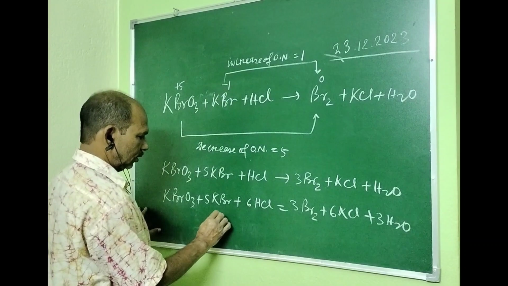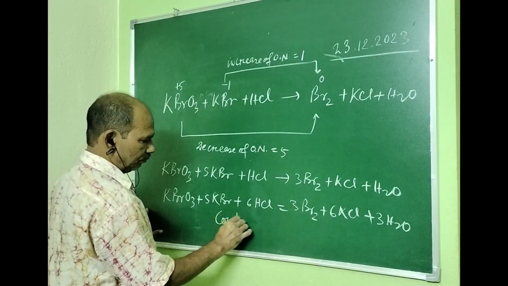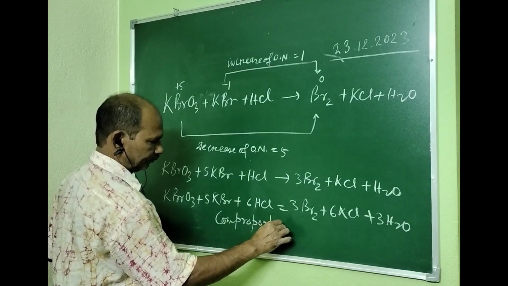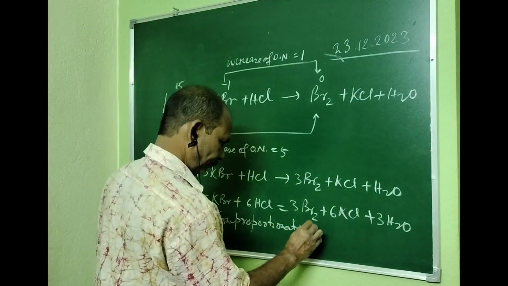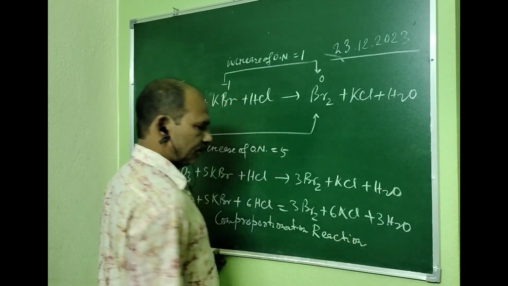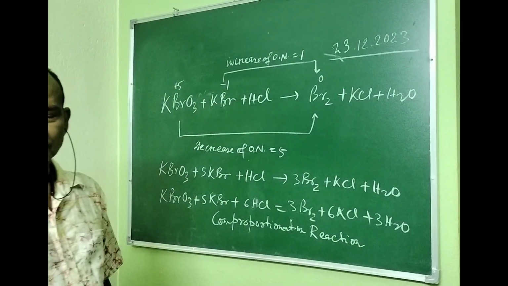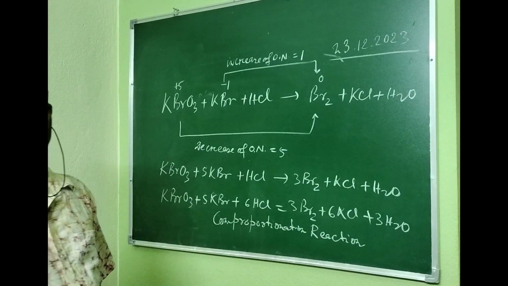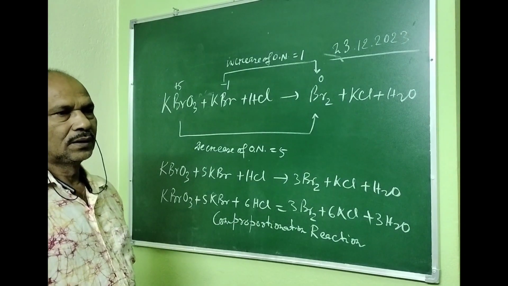So this is called comproportionation reaction, the reverse of disproportionation reaction. In disproportionation reaction, one oxidation state is both increased and decreased.